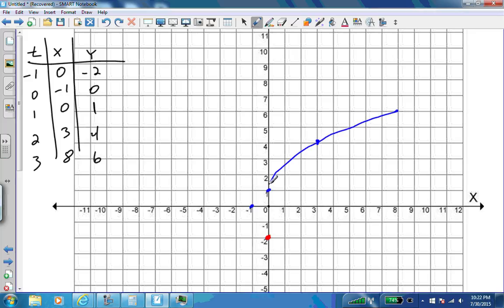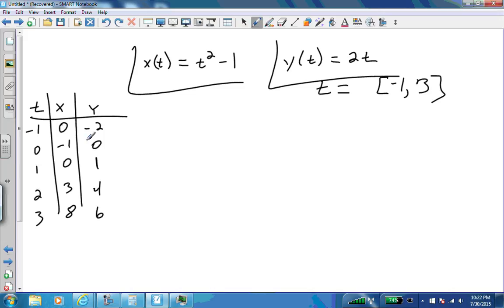So we get, did I do one of those wrong? I can't count sometimes. Let's see. If we put a -1 in, we get 1 minus 1. We put a 0 in, we get -1. We put a 1 in, we get 0. Oh, here's the mistake. This is supposed to be a 2. So 0, 2.